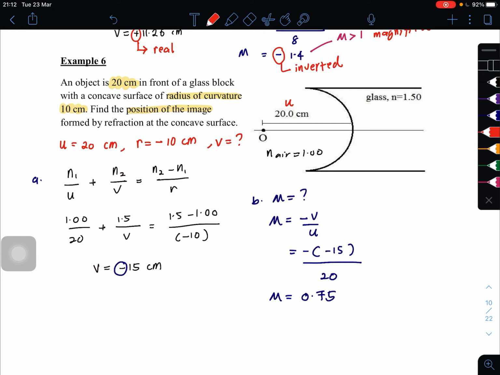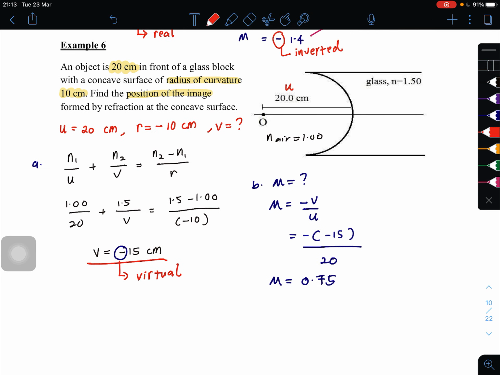Okay, so now if we want to state the characteristic of the image, first kita tengok v ni. V dapat negatif. So kalau negatif, it will be virtual. And then m dekat sini kita dapat positif, right? So positive meaning that it is upright.